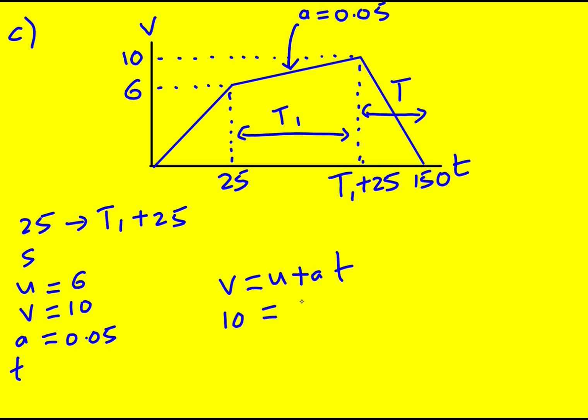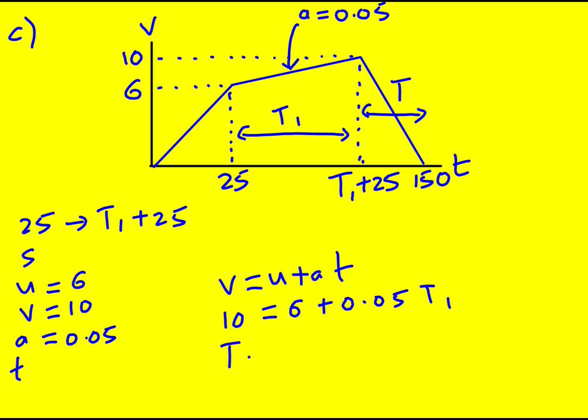So 10 is equal to 6 plus 0.05, and then technically this is going to be t1. Oh, sorry, it's just going to be t1 actually, because that's what I've defined it as.